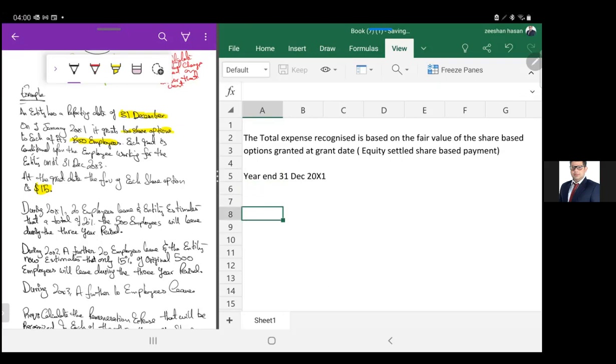So what we will do is, how many employees we had, 500 employees, and we assume that 80% will stay, so 80%. How many options we had? We had 100 options. And what was the fair value? The fair value at the grant date was 15, and we are taking the expense of the first year out of 3 years, so 1 divided by 3. How much will we get? 200,000 in this case, right?